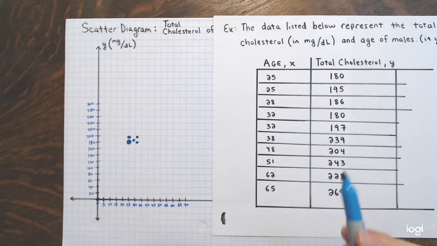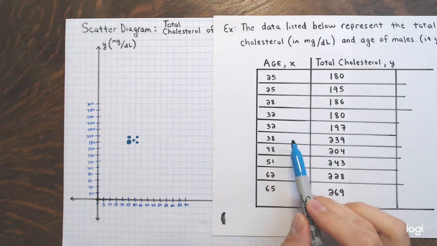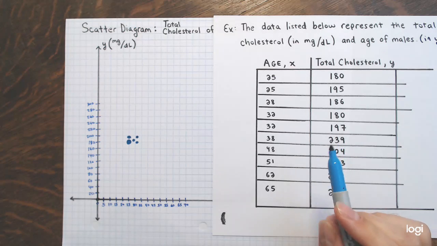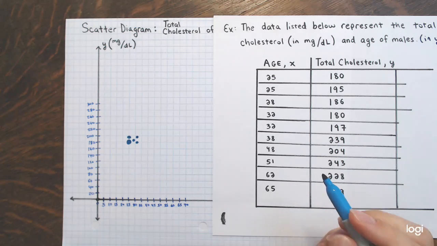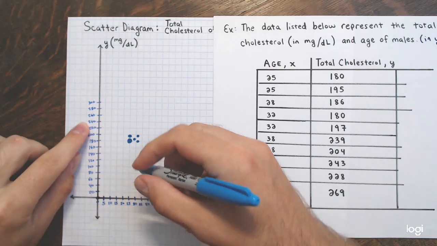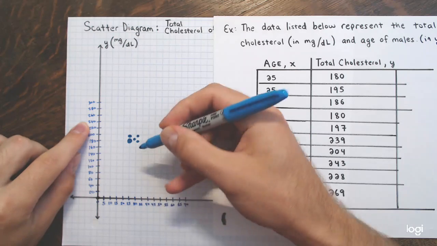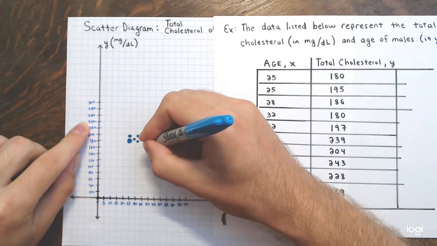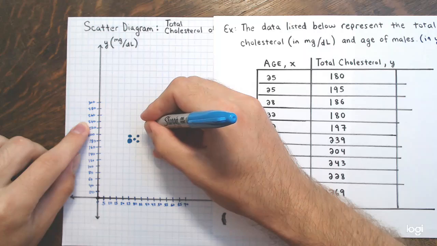Then 38 years old, 239 total cholesterol. So 38, closer to 40, and then 239, closer to 240. So 38, and really up near 240, maybe around there.